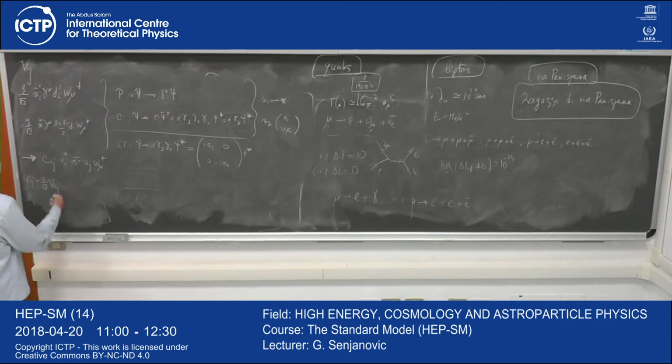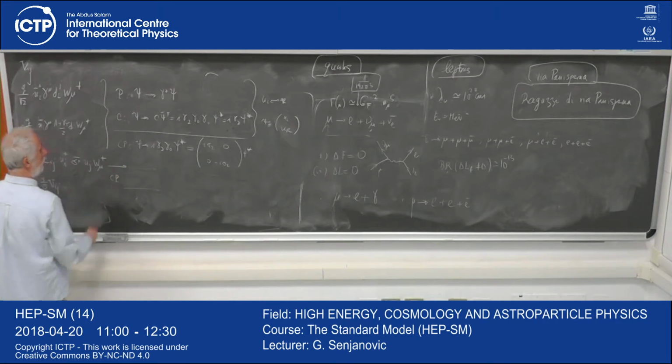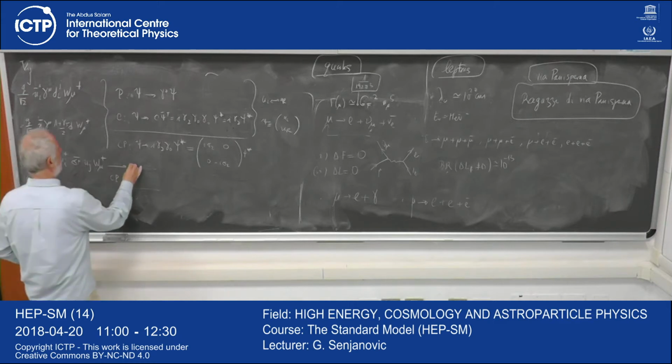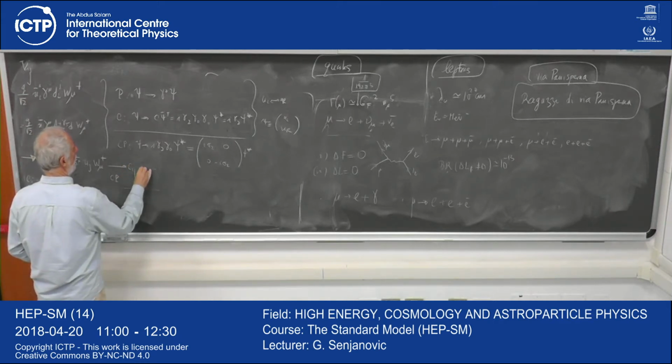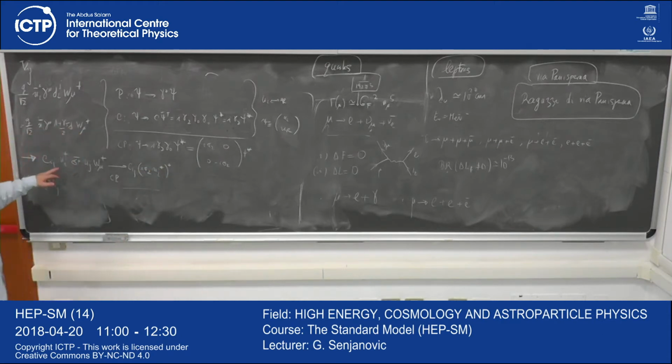So under CP, this would go into what? Very briefly, this will go into Cij, I sigma 2 Ui star dagger, right? Ui goes into I sigma 2 Ui star.